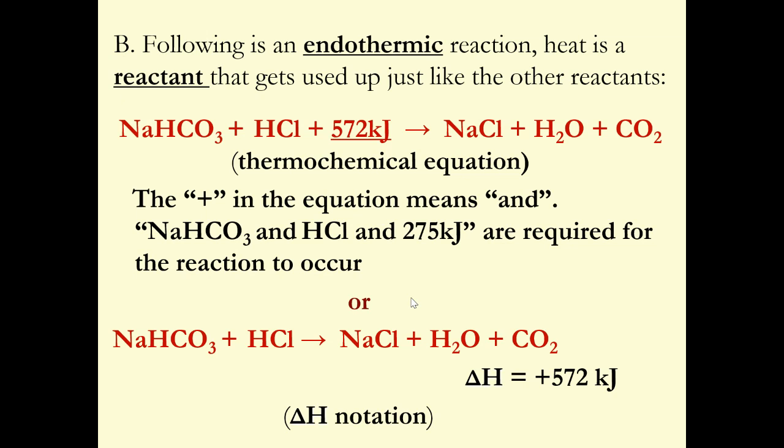So when we write it in the equation, we would put it on the left with the reactants. If I write it separately as delta H, the final stored energy is higher than the initial stored energy. So delta H is positive 572 kilojoules.